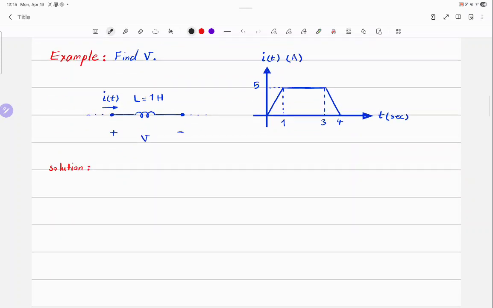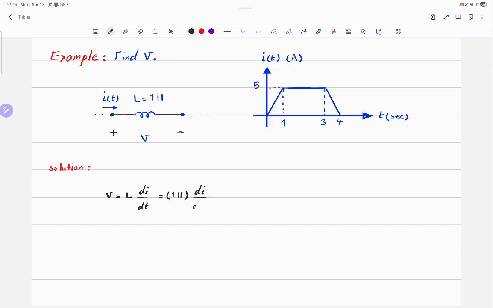Let's find the voltage for a piece of circuit, which is shown here, an inductor. The voltage across it is what we want to find, and the current is given to you in a plot. So, okay, let's write the equation. V is equal to L di over dt. What is the value of L? 1 Henry.